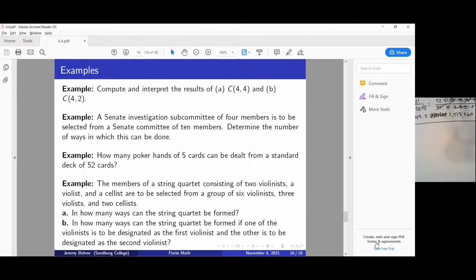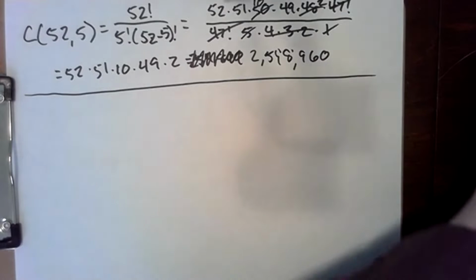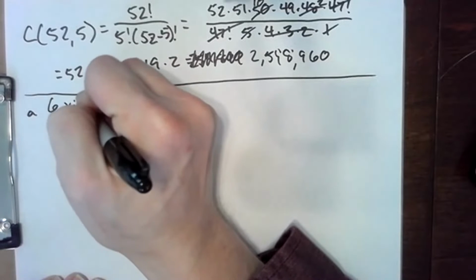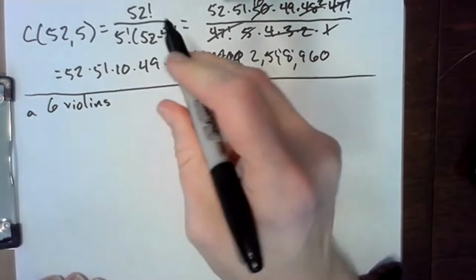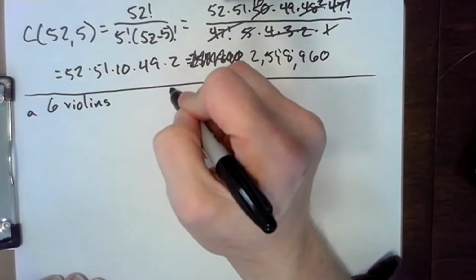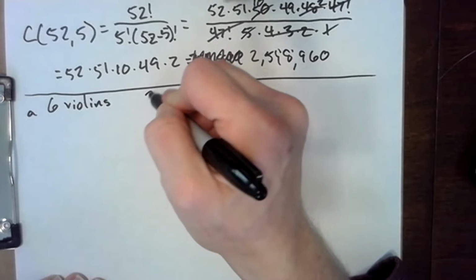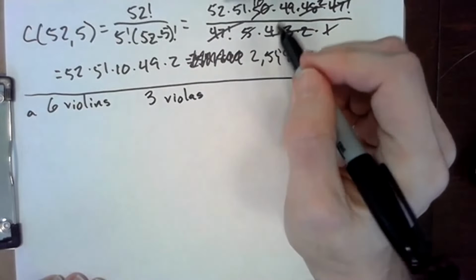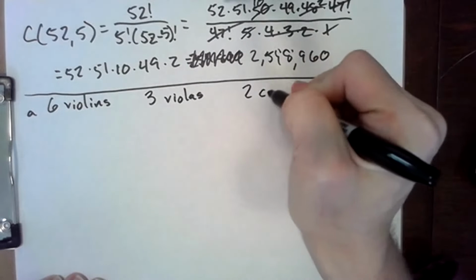Give me 1 second, sorry. Okay, so in A, we've got 6 violinists and 3 violists and 2 cellists.